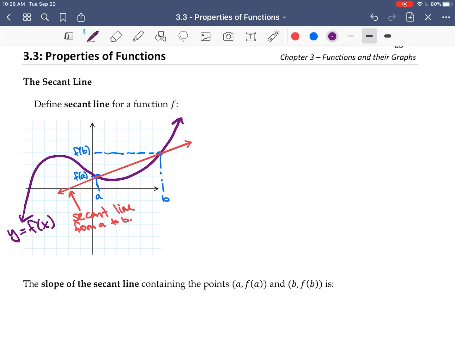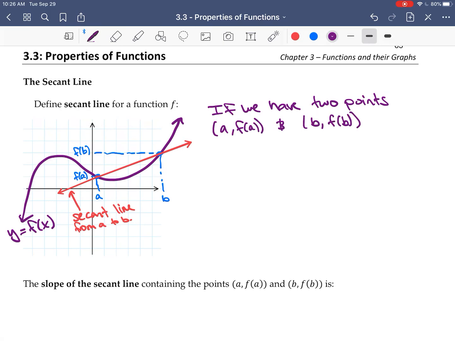So let's define it more formally. Okay, so if we have 2 points, A, f of A, and B, f of B, on the graph of y equals f of x. Okay, so they're on the graph of f. So remember, A is the x value, f of A is the y value that goes with it, using the equation.